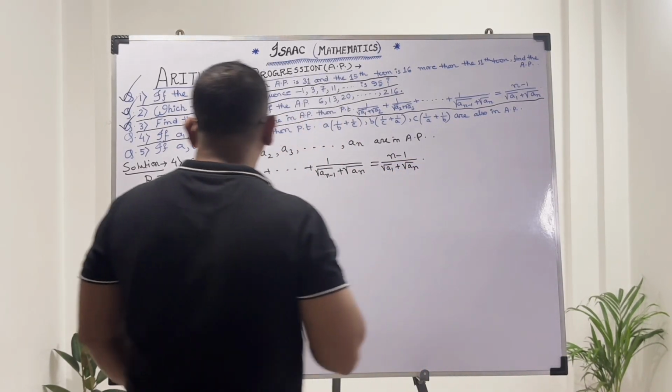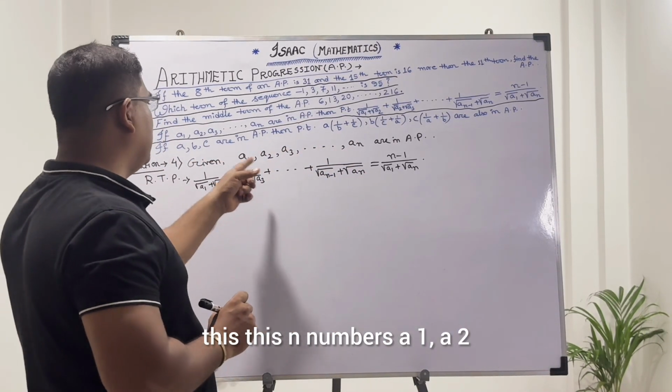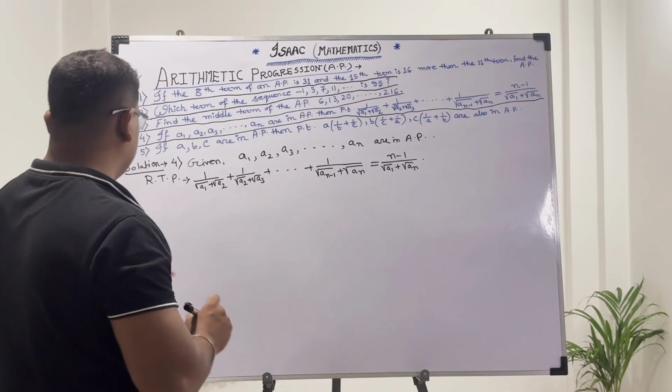Okay. So this is given, that means these n numbers A1, A2, A3 up to AN are in AP, and we have to prove this thing.